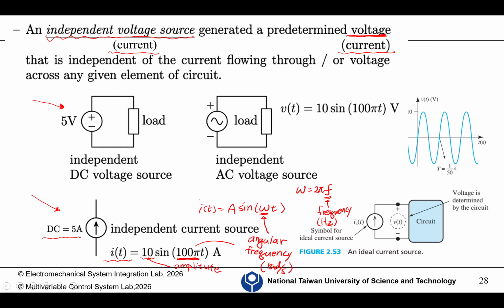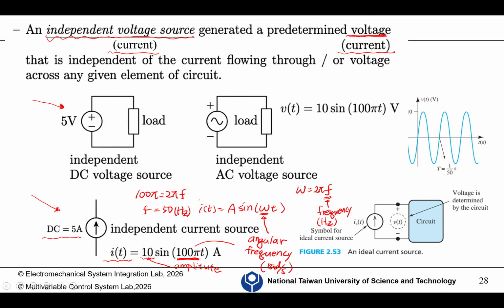So in this case, the angular frequency is 100 pi. 100 pi equals 2 pi f, so f equals 50 hertz.